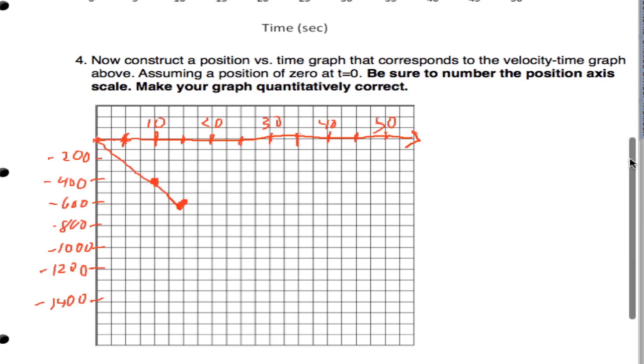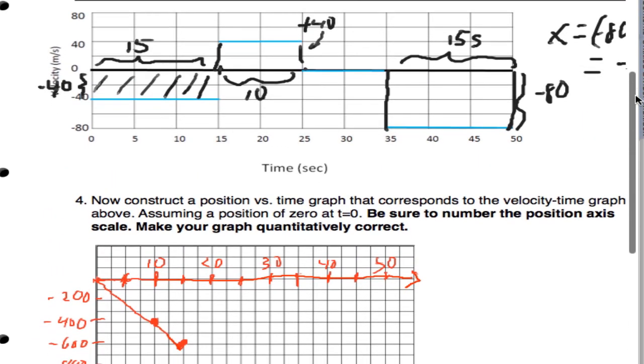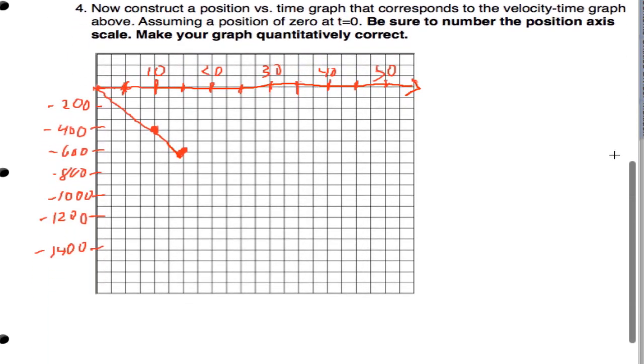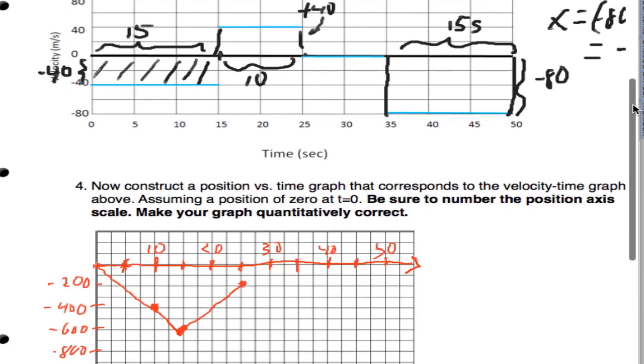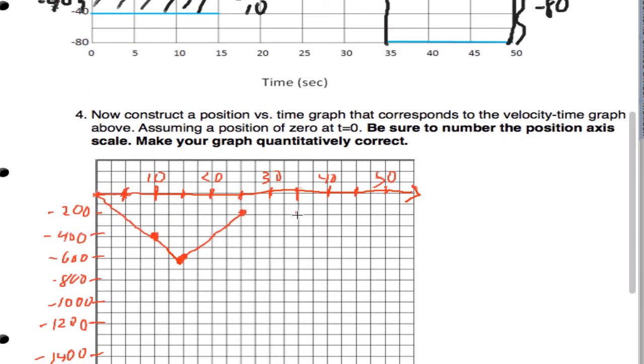Next, I'm going to go forward for 10 seconds, a total of 400 meters. Using that slope idea, here I am at 25, and I'll go back up to negative 200, like that. Finally, I pause for 10 seconds, so from 25 to 35, I stay totally paused.